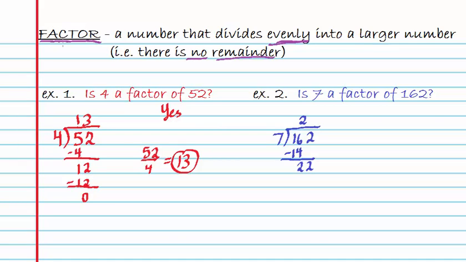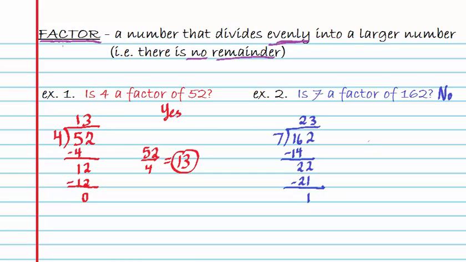Then I ask myself, does 7 go into 22? It does 3 times. 3 times 7 is 21. Subtract, 22 minus 21 gives me a remainder of 1. So 7 is not a factor of 162.